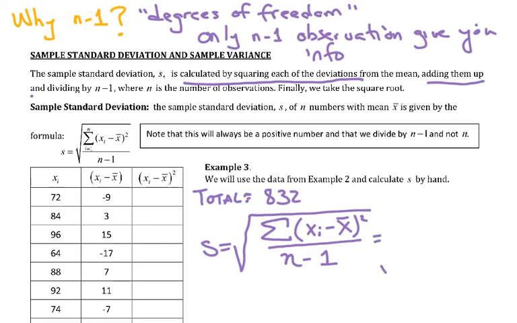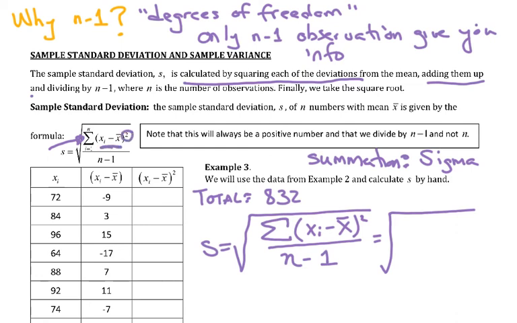So what does this mean? This symbol here says add them up. That's a summation symbol. It's called sigma, but you don't really need to know what that means. You just need to know what this formula is telling you to do. In here are the deviations from the mean.